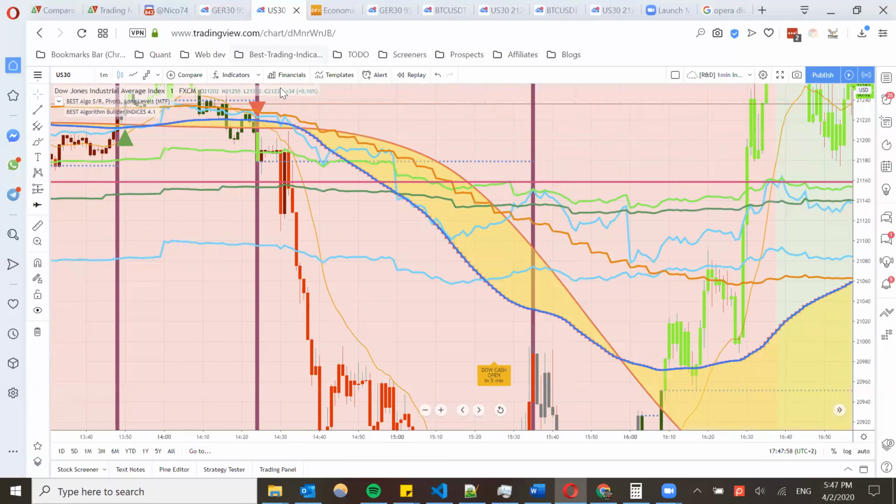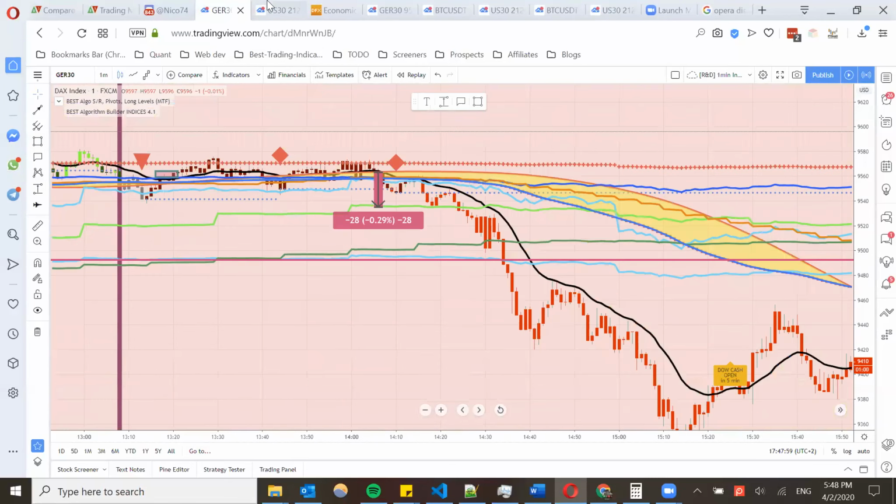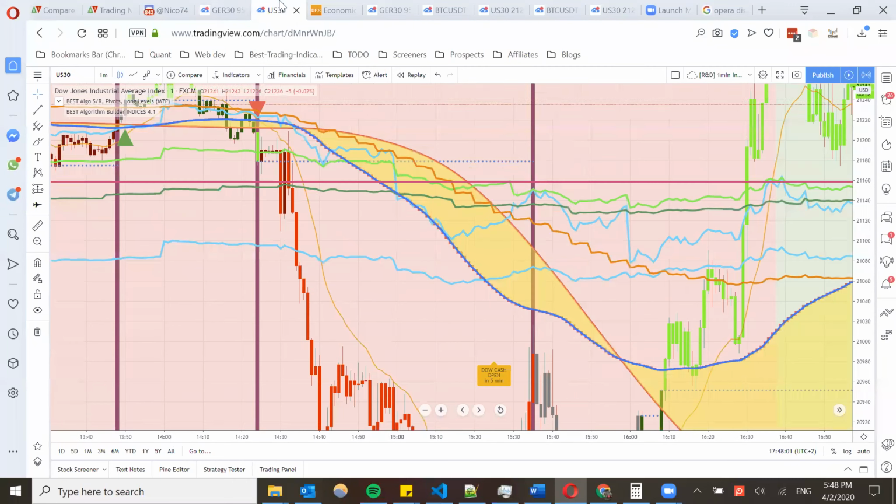So it's very tough, and that's why I tried in parallel. So if you follow the method for DAX, that's up to you. You will maybe take some profit here. But if you do like me, trade DAX and DOW in parallel.